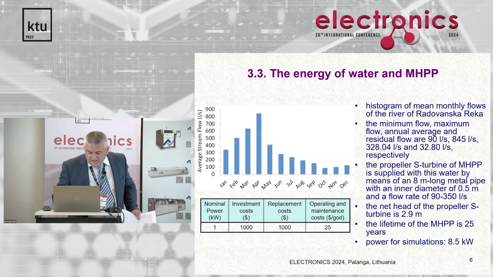And you can see that the average stream flow is the highest in April during the year, and that the summer period up to the middle of autumn is with a small amount of water in this river.